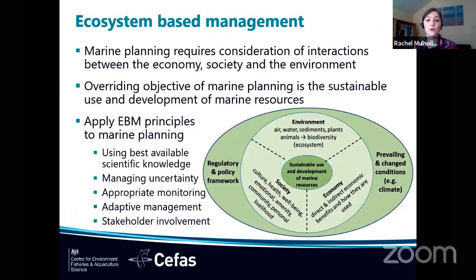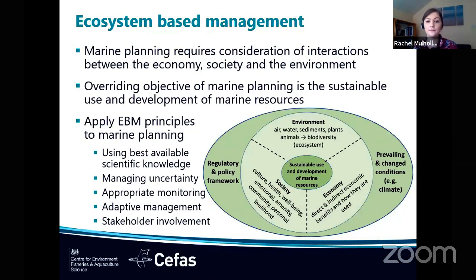Marine planning also requires consideration of the interactions between the economy, society, and the environment. The overriding objective of marine planning is the sustainable use and development of marine resources. So the environment is made up of all of the biotic and abiotic elements that combine to make a biodiverse ecosystem. So this includes air, water, sediments, plants, animals, or collectively what we call the natural capital of the system.